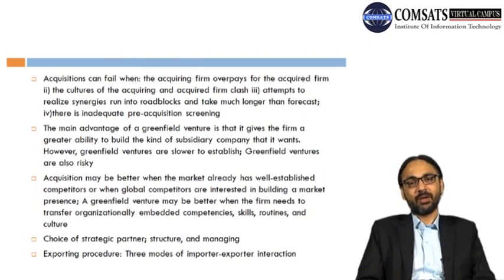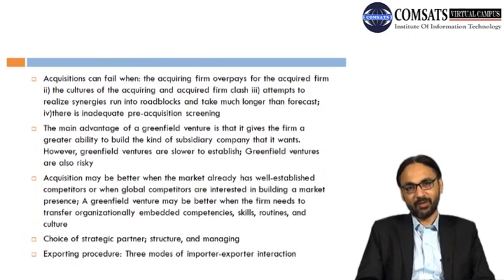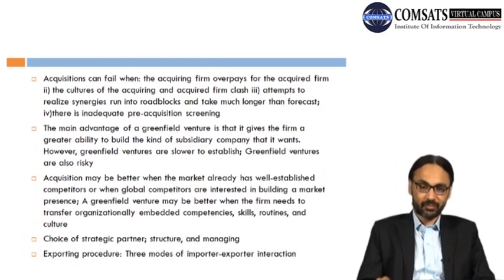Or second, the exporter ships first, and then the importer pays the money. Or third, they are interdependent through the help of a third party. Third party means the banks. Through the bank, letter of credit and draft, they can make the transaction with the help of both banks in their own countries.